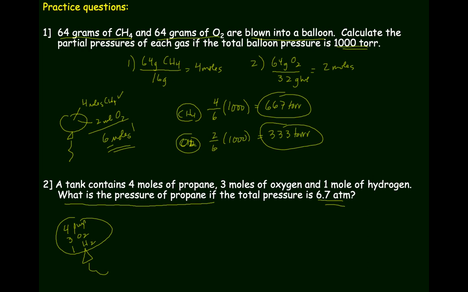Again, they're only asking you about 1 gas here. Again, you want the part over the whole mole. The whole thing is you have 8 total moles, right? We're interested in propane. We want to know the propane pressure. So propane is 4 out of the 8. We're going to take 4 moles out of 8 total, and we're going to times that by 6.7 ATM.